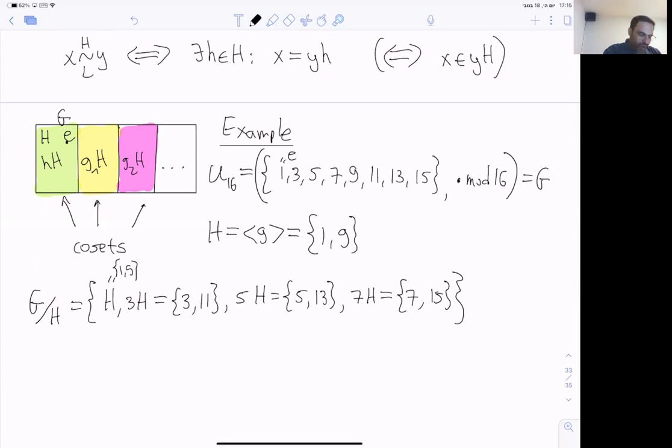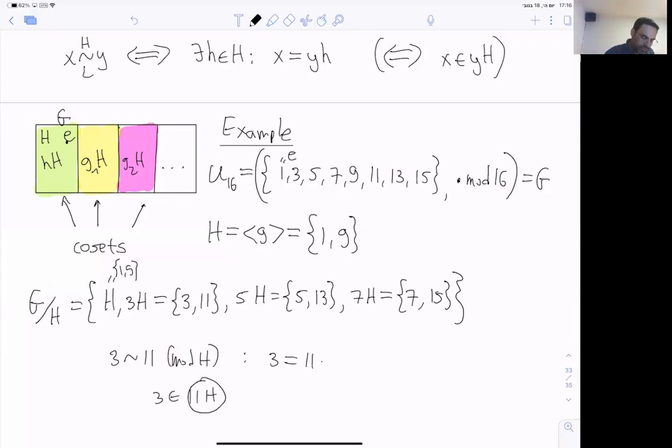Why is 3 the same as 11 modulo H? Because 3 is equal to 11 multiplied with 9. Now, I didn't compute it, but I guess it has to be, because there are 2 representatives in the same coset. 3 belongs to this coset.